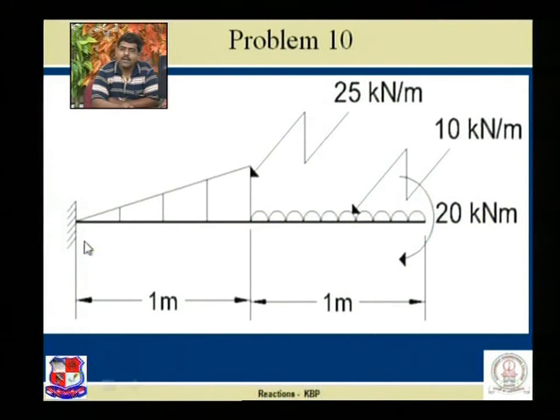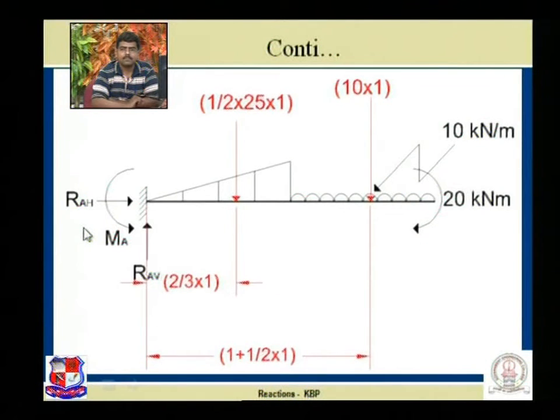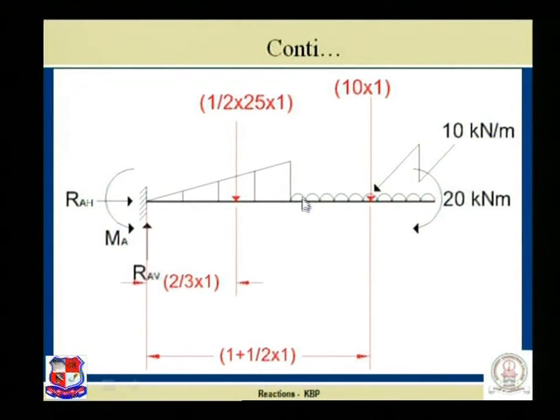So now let us find these 3 reactions using 3 equilibrium conditions. In this particular problem, this UVL is acting downward. Next, the UDL is also acting downward, and third, the concentrated moment is acting here.